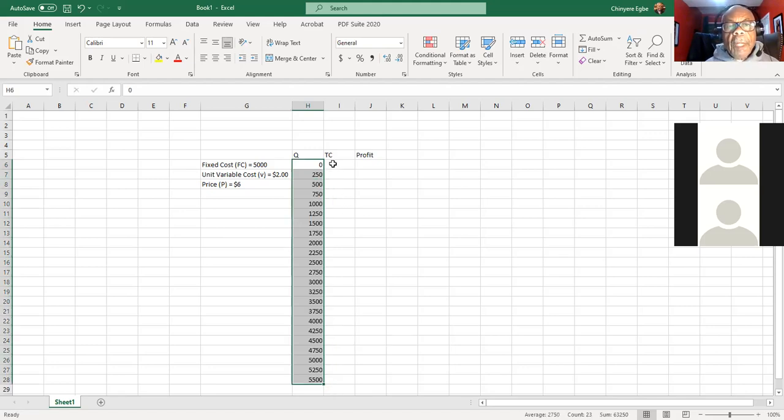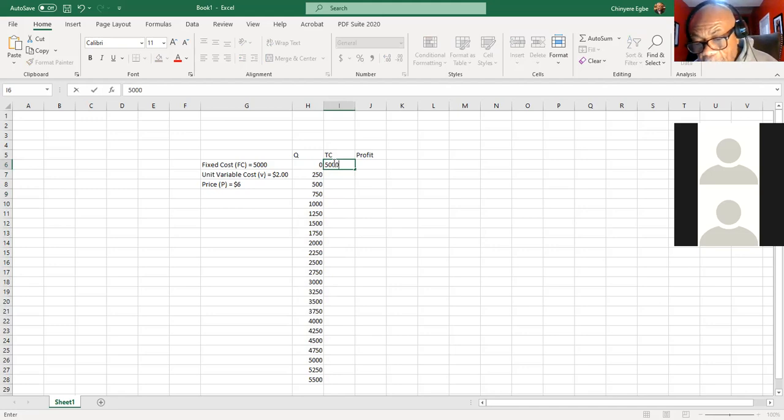All right. Now, total cost, as we know, is fixed cost plus unit variable cost times quantity. So if we produce 0, for example, the total cost will be fixed cost, which is 5,000, plus the unit cost, which is 2, times the quantity of output.